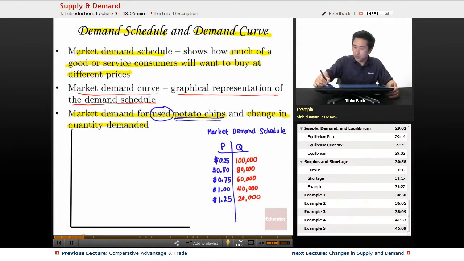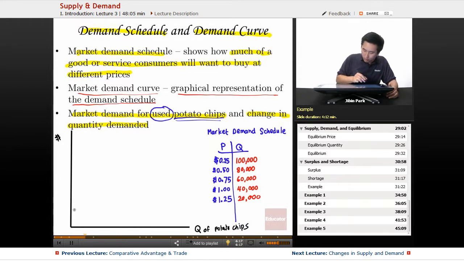Now, how is that going to look on a supply and demand schedule here? Well, you're going to have price on the y-axis, and you're going to have quantity of potato chips. You want to put the right labeling here.